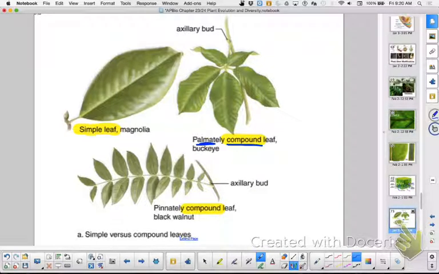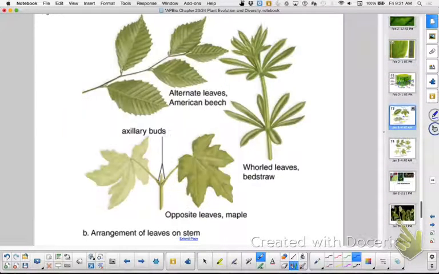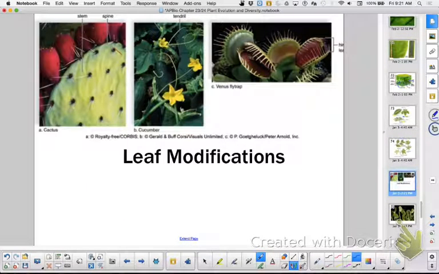Again, these are all just different adaptations plants have in order to acquire the light they need in order to do what process? Photosynthesis. Good. All right, and there's some other ones here. Okay, so leaf modifications. Cactus. Cactus have these really thickened leaves with spines, and why do they do that?